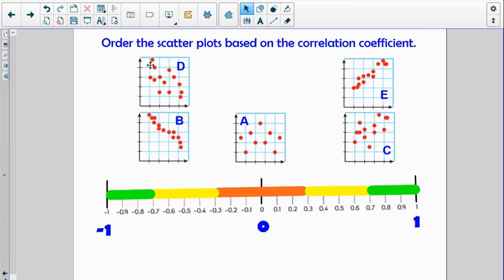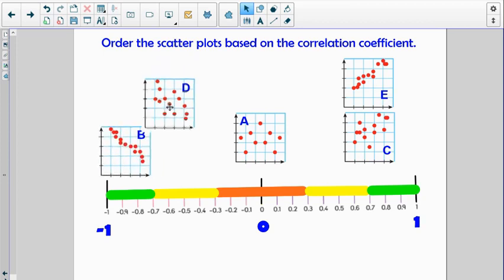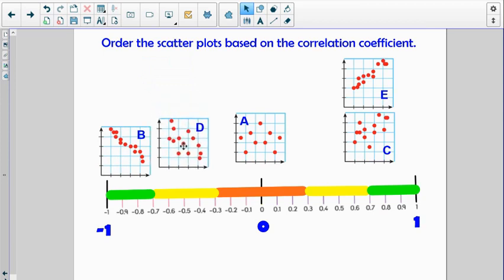If I were to draw my line of fit on here, those points are not all right next to the line. They're too spread out. So B has a stronger relationship than D. So I'm going to put D above the weak negative correlation, and B I'm going to consider a strong negative correlation.